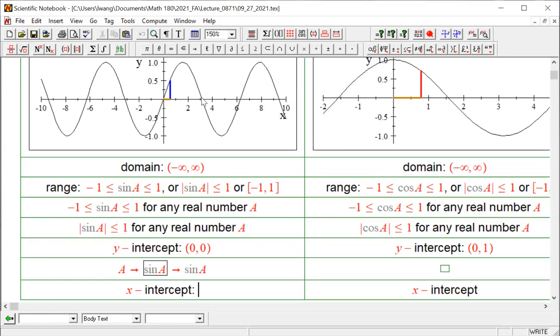These are the crossings, right? What do all these crossings have in common? Their outputs are all zeros. So we know the outputs are zeros. We're looking for all possible inputs.